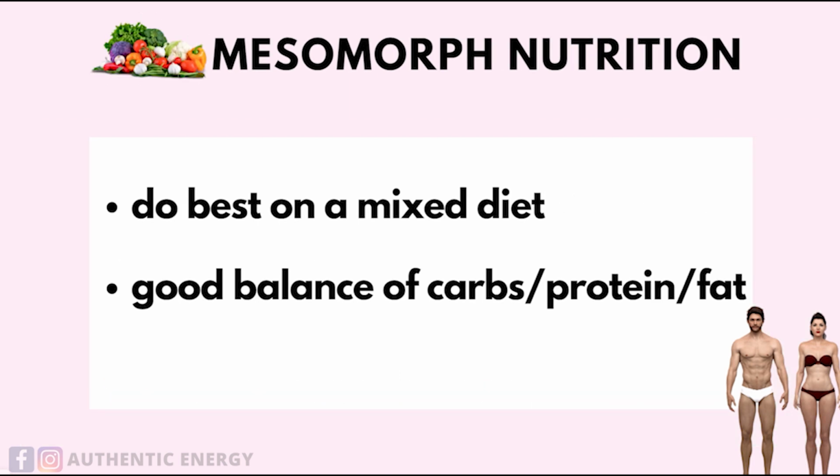Let's take a look at mesomorph nutrition. Similarly to workout, mesomorph bodies do well on a balance of everything. That's why we say they do best on a mixed diet, with a good balance of carbs, protein, and fat.